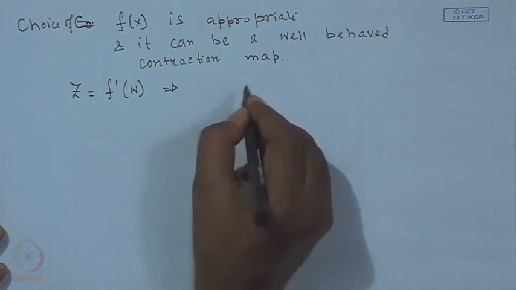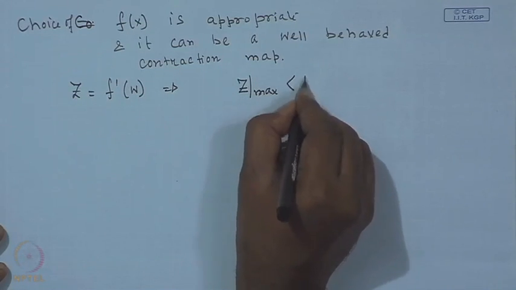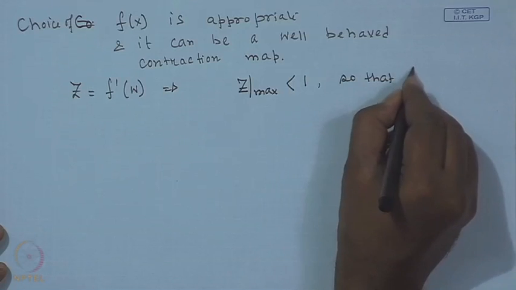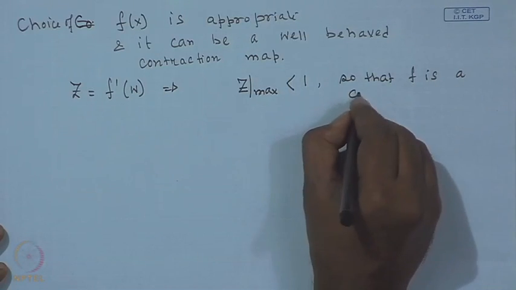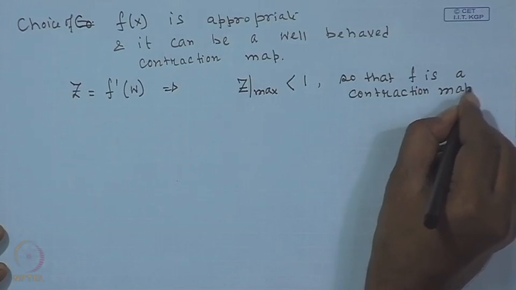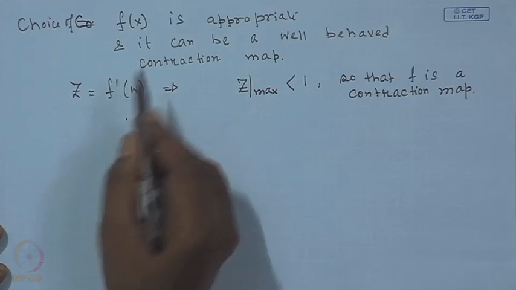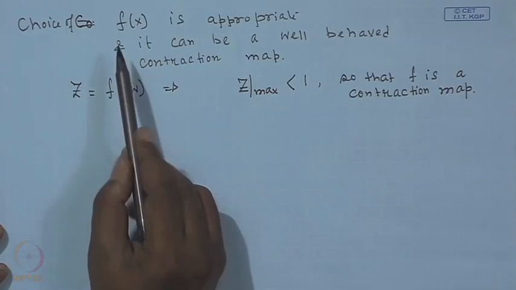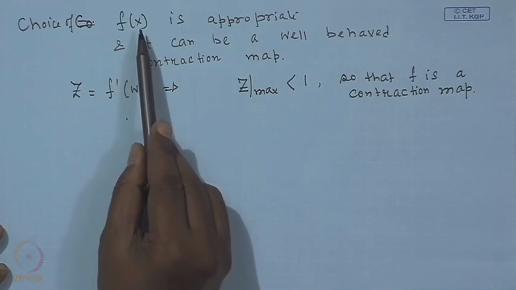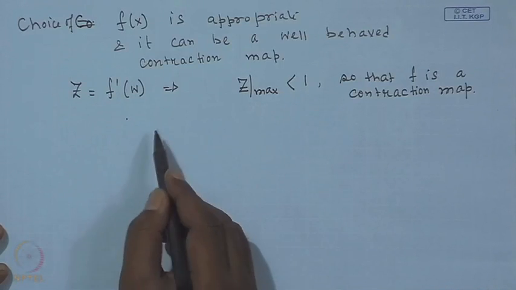Then we have to check that the maximum value of z should be less than 1, so that f is a contraction map. So, we follow the steps. First we evaluate f prime(x) at x equal to w, where w is a variable lying in the same domain of x, 0 to 1. Then we evaluate z maximum and put z maximum less than 1.